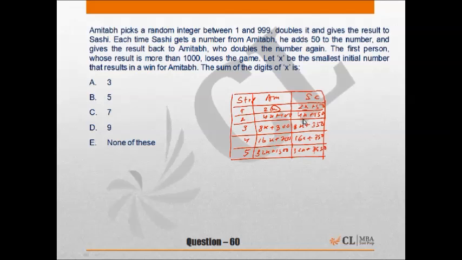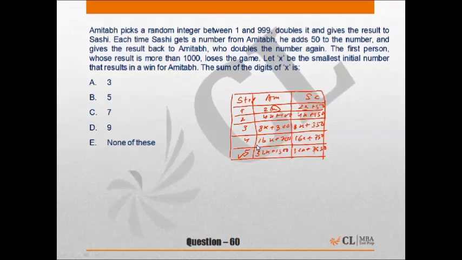So the amount with Shashi after adding 50 in the second step will be 4x plus 150, and this amount Shashi will give to Amitabh, who will double it again, so it will become 8x plus 300. Similarly we can find the amounts with these two persons in subsequent steps, and in the fifth step we see that the amount with Amitabh is more than 1000.